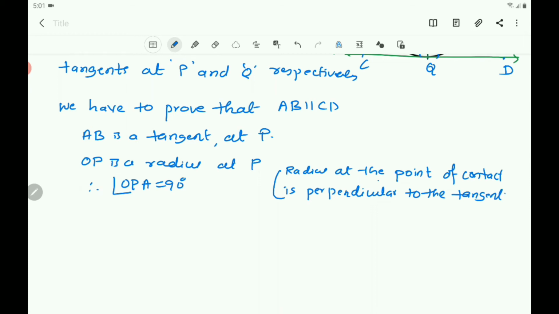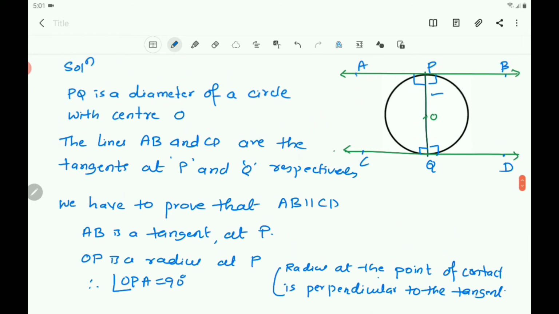Similarly, you can have here angle OQD. Here this is APO, you have taken 90 degrees. Angle OQD you take. Why do you have to take angle OQD? Here we have to prove that AB is parallel to CD.